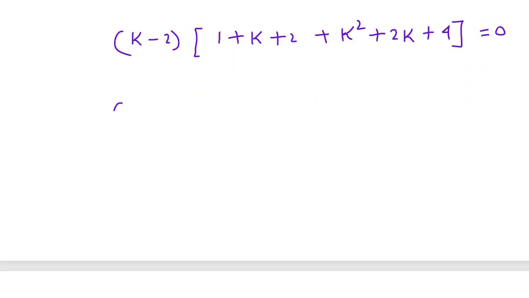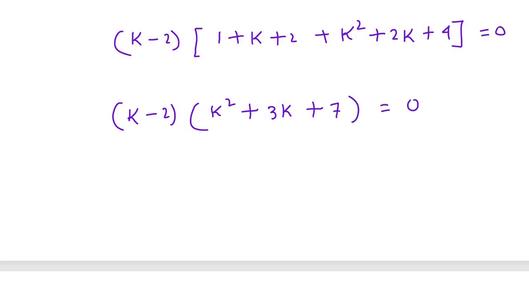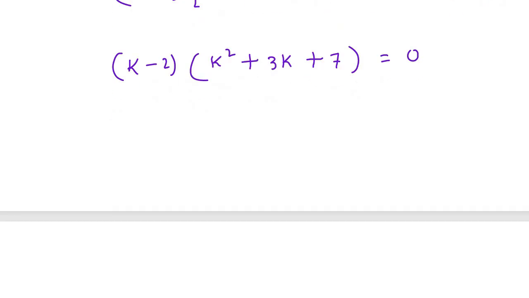Next we can write k minus 2 times k square plus k plus 2k is 3k, plus 1 plus 2 plus 4 is 7, equals 0.